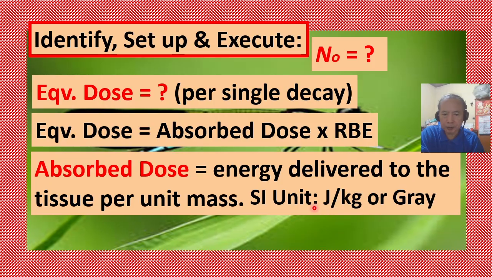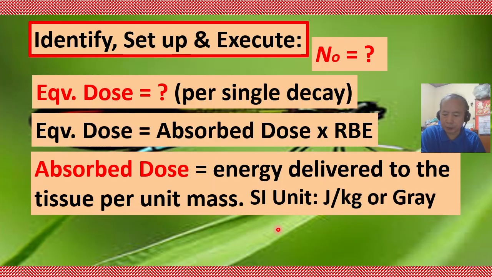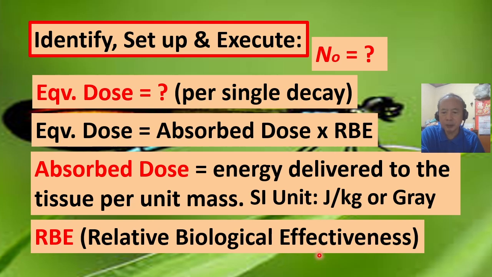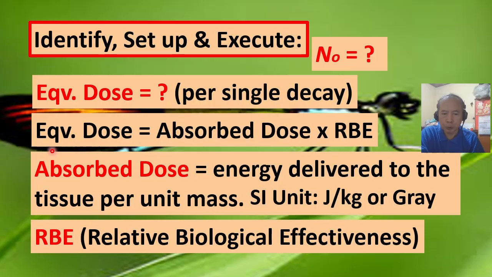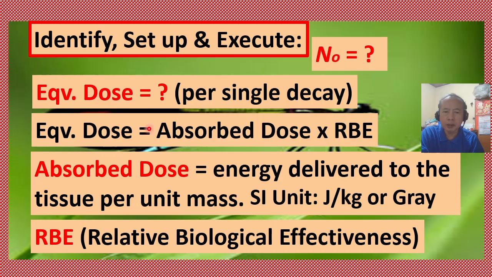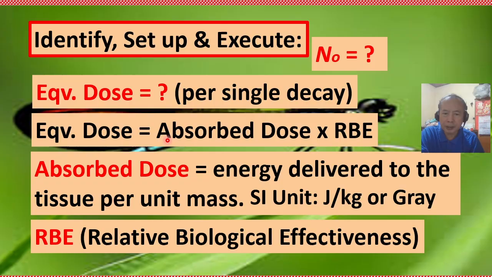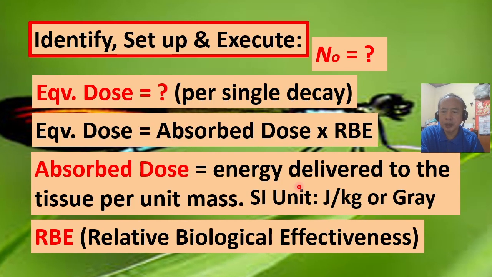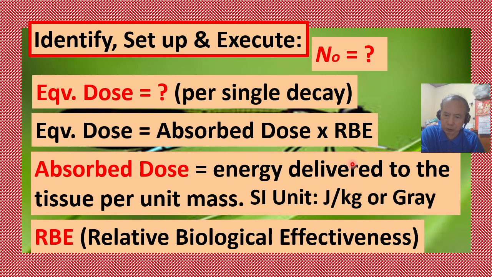While RBE stands for relative biological effectiveness of a particular type of radiation. So between equivalent dose and absorbed dose, equivalent dose is more specific, because it considers the type of radiation that the body tissue is exposed to.